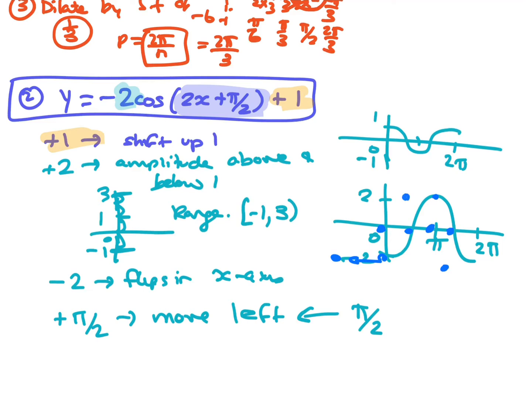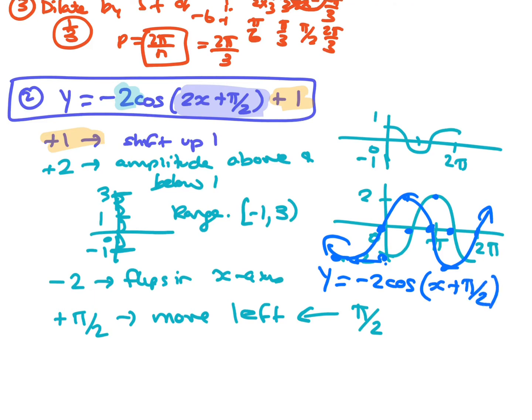Okay, so that means that this one went to there, didn't it? It will look like this. You can kind of just get the pattern then. That's the blue graph. So the blue graph so far, because I did flip it, is -2 cos(x + pi on 2).